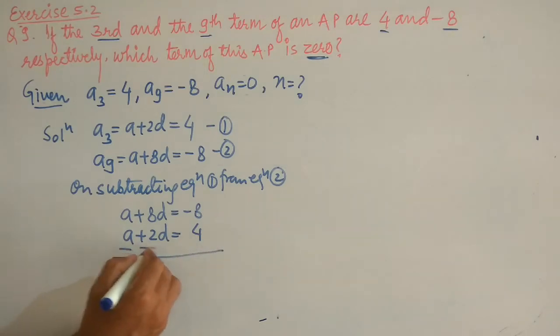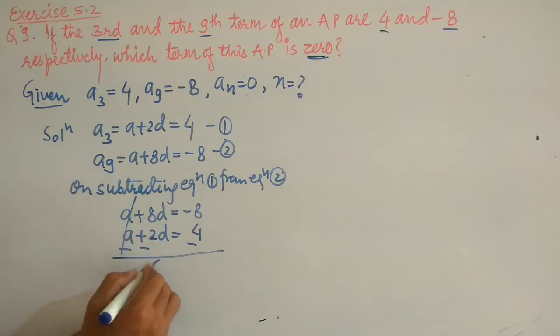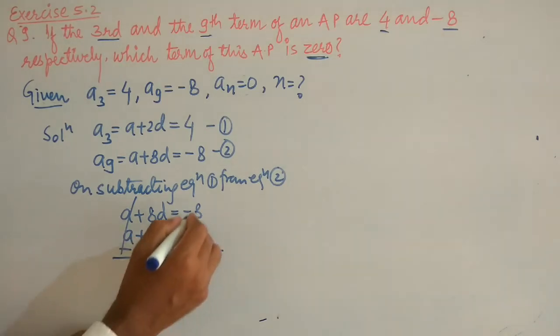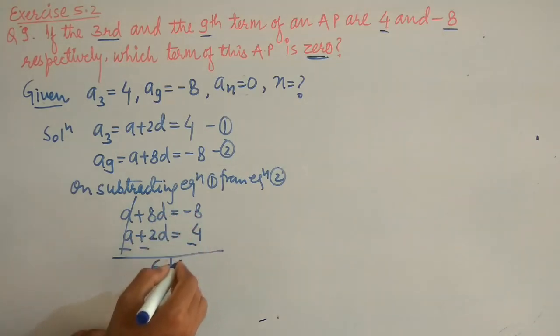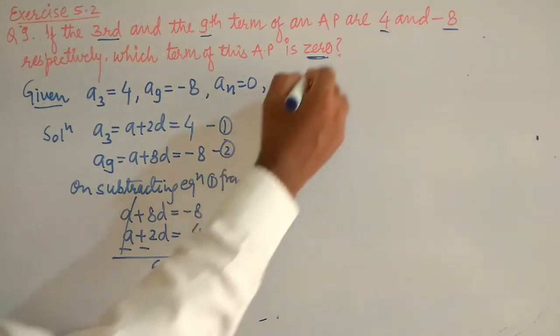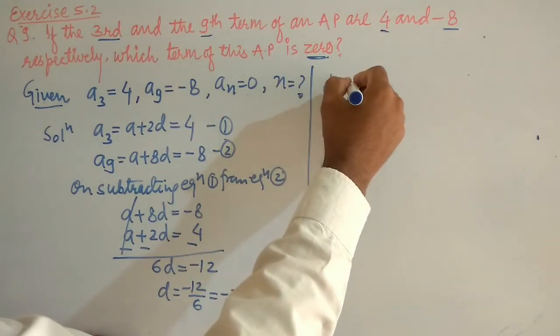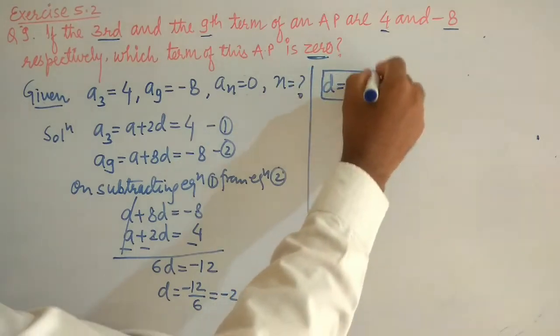We are subtracting, so the signs will change, A will cancel, 8 minus 2 is 6D, and minus 8 and it is also minus 4. 8 and 4 is 12, so it is minus 12. So D will be what? Minus 12 upon 6, that is minus 2. So we get the value of D, means the common difference, is minus 2.